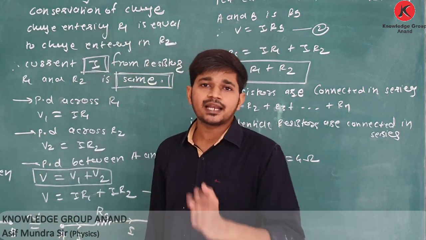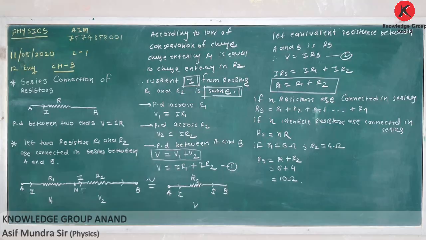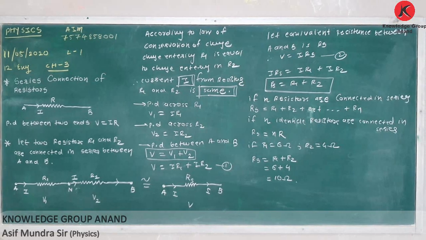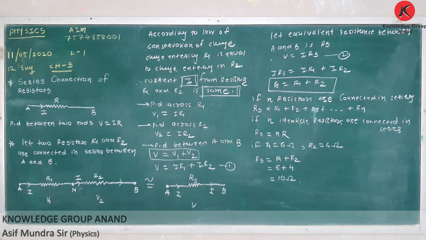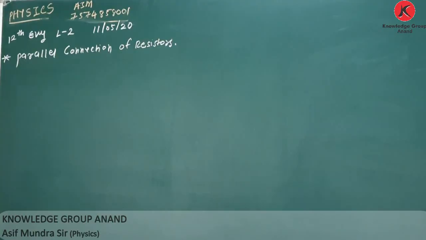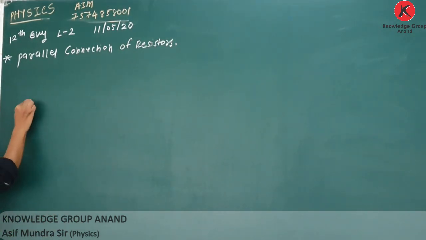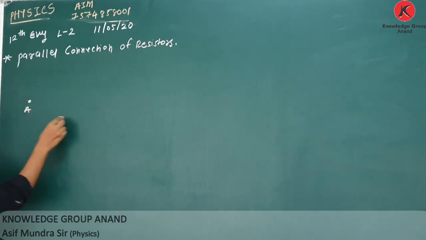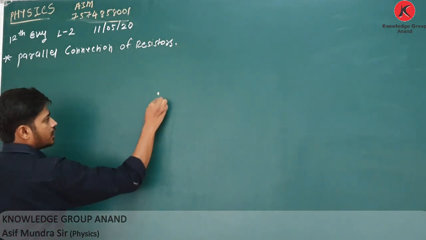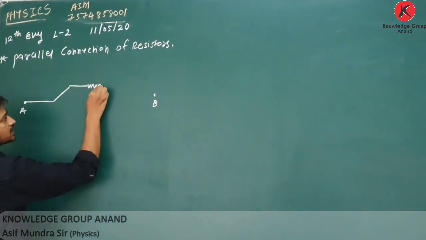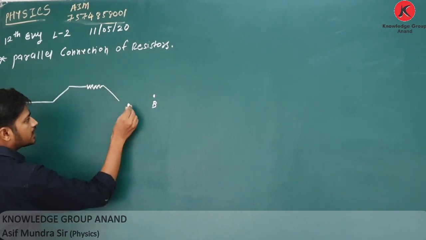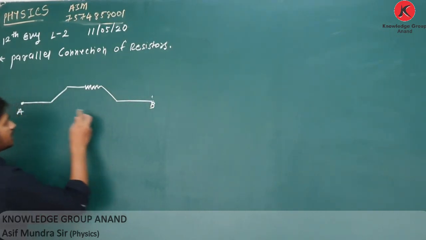Now we will see parallel connection of resistors. See, parallel connection of resistors. Again I have two points A and B. Suppose resistors are connected between A and B like this.